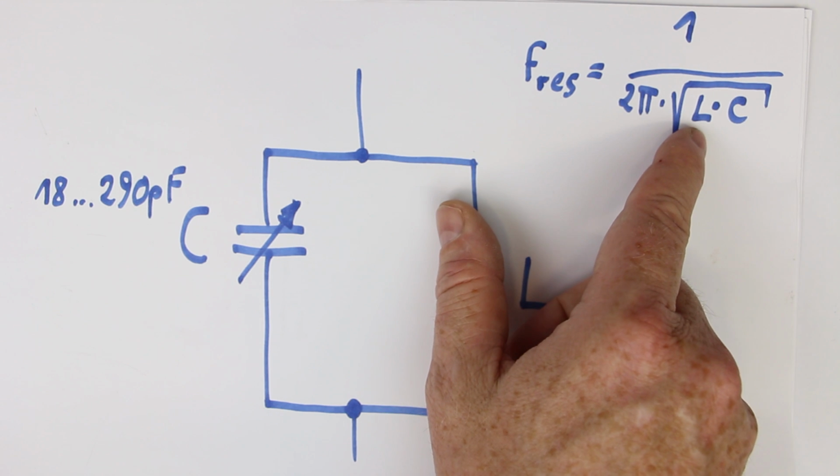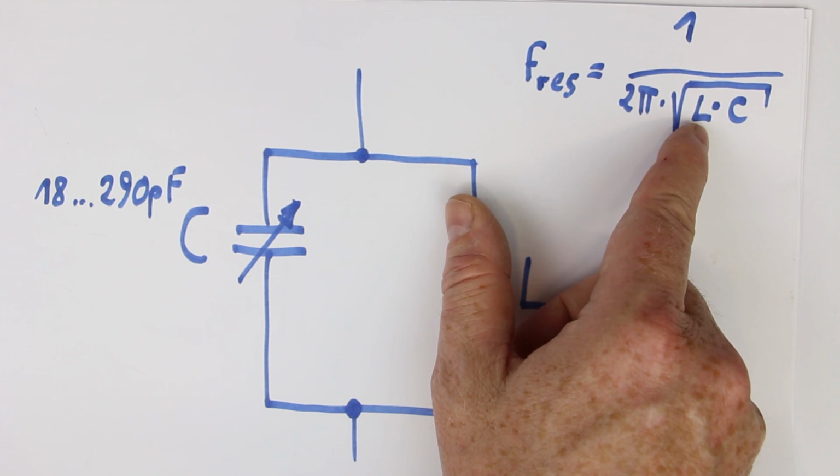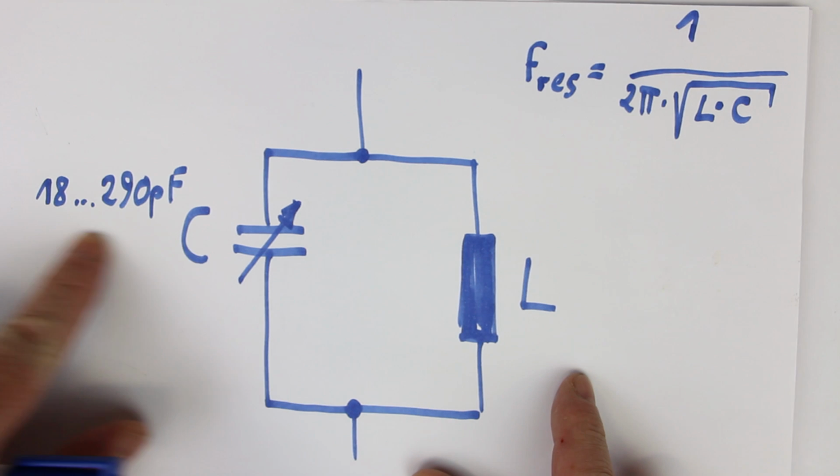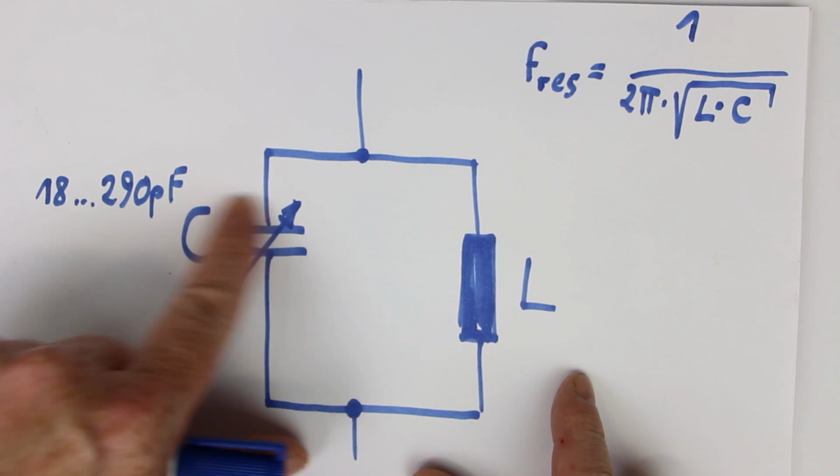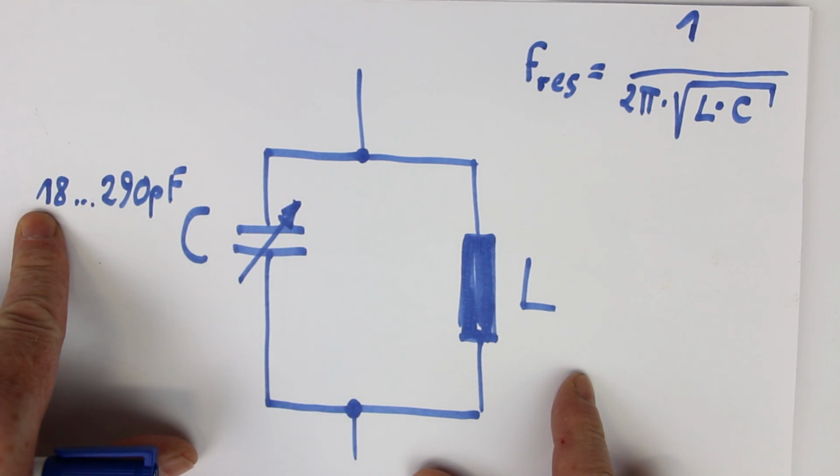That's quite important, because when we want to vary our resonant frequency, we have to take this into account.